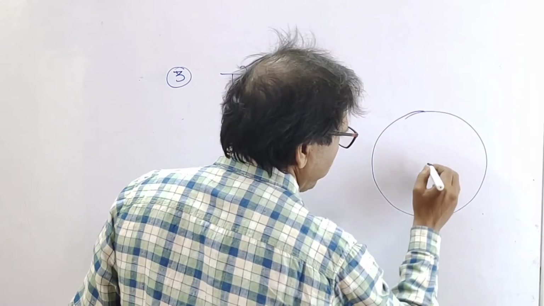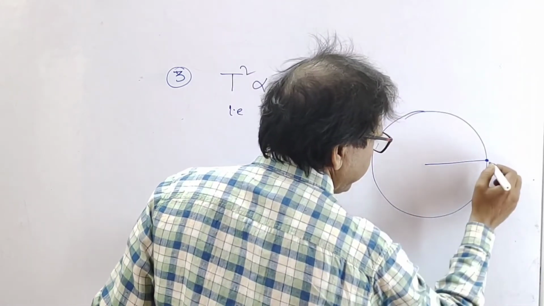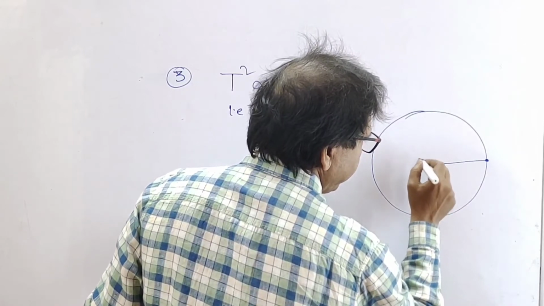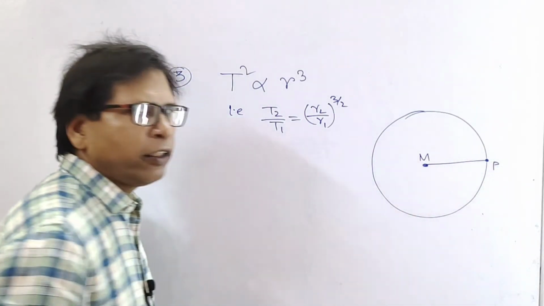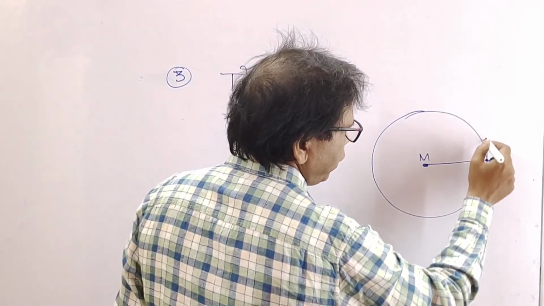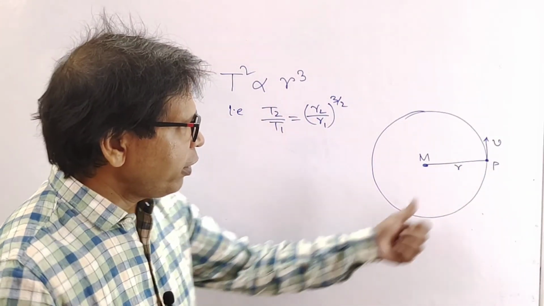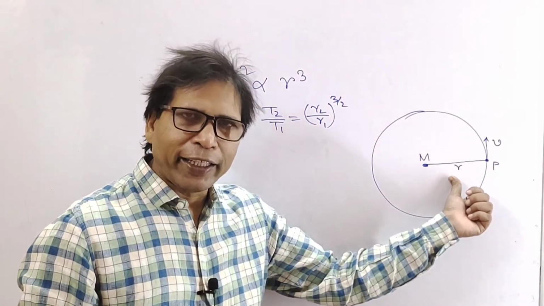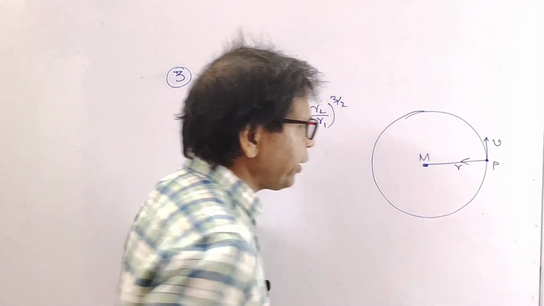Okay. If we consider the circular path of the planet, look at this. This is the position of the sun and this is the position of the planet. The planet revolves with velocity v in its orbit of radius r. Now the centripetal force acting on the planet is the gravitational force of attraction.